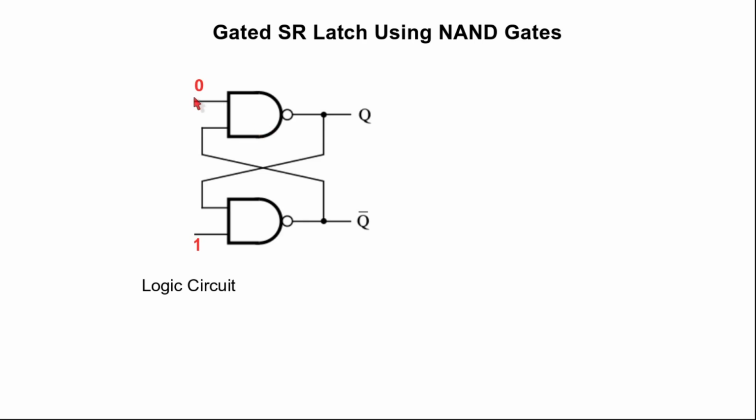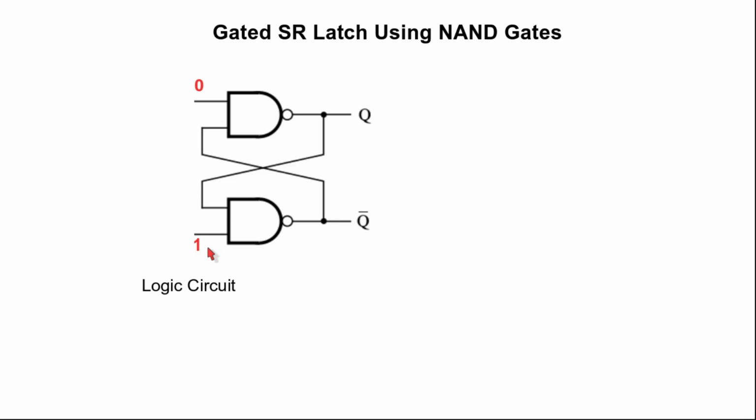So S input equal to 0 and R input equal to 1 signify that we will go to the set state. Again, it's just the opposite of the basic SR latch using NOR gate. In NOR gate, when S is equal to 1, R is equal to 0, we go to the set state. But in case of basic SR latch using NAND gate, when S is 0, R is equal to 1, we will go to the set state.